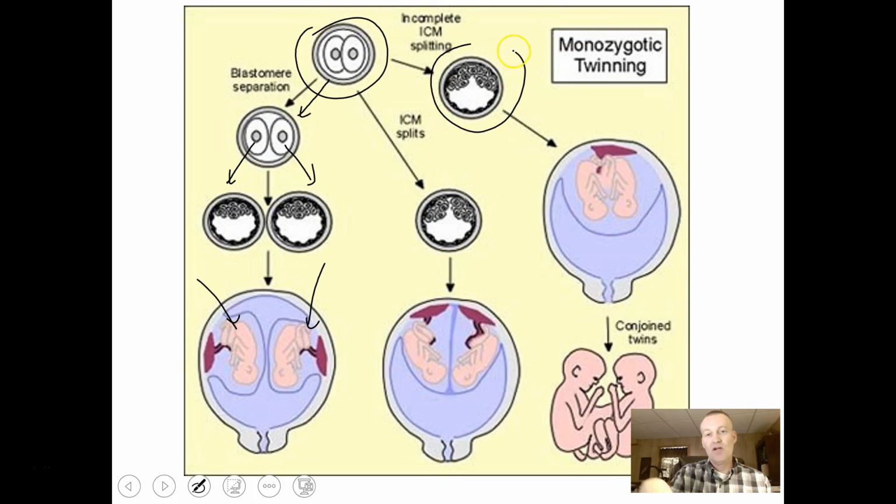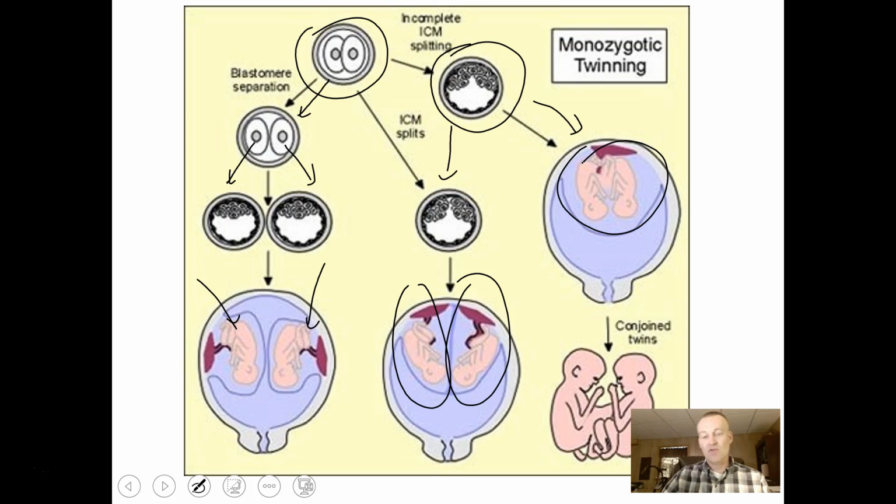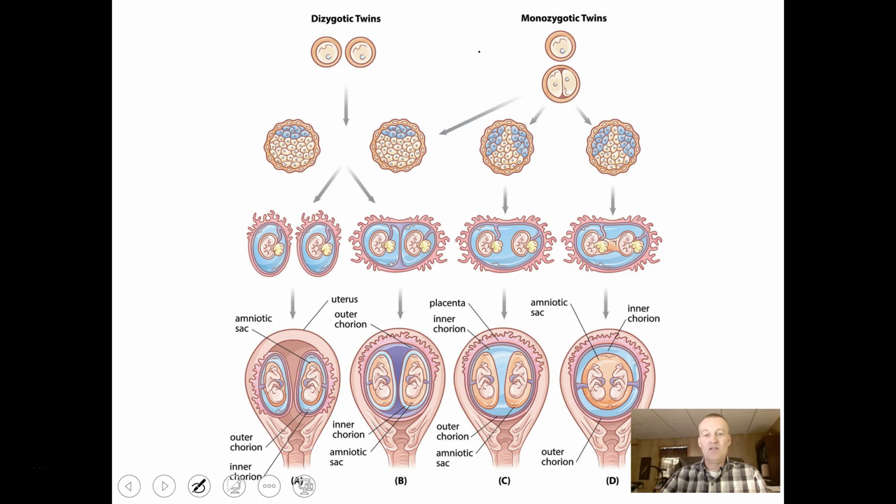So here we have the inner cell mass formed, but the inner cell mass actually splits, and if it splits, you can form two separate human beings. If the inner cell mass doesn't split, you can form Siamese twins. So wherever the inner cell mass did not disconnect, that's where you'd have a connection between the babies.